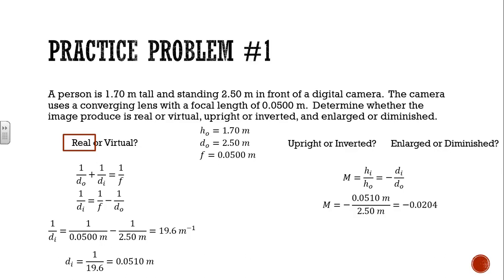If we calculate the magnification, negative DI over DO, we get negative 0.0204. And what I can say is that it's diminished. And I can actually figure out what the image height is. That is negative 0.0347 meters, so it's also inverted. So there we were able to figure that out using both the lens equation and the magnification equation.